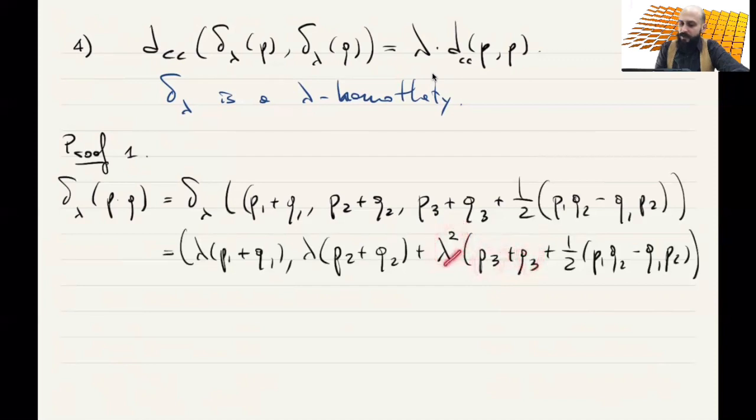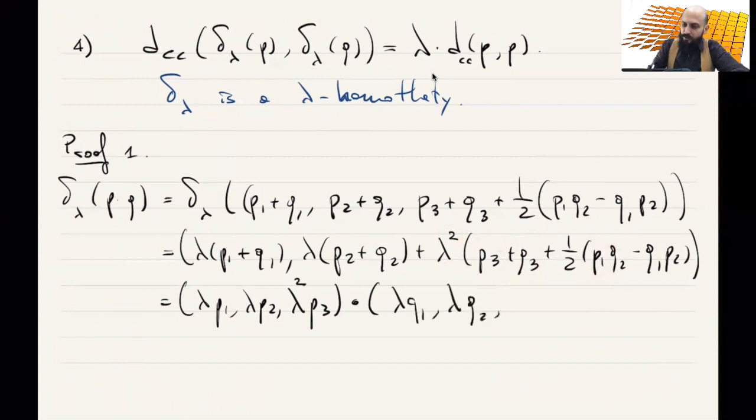Think of this lambda square as multiplying one lambda p1 and another lambda q2. Really what you are going to see is that this is the product between (lambda p1, lambda p2, lambda square p3) and (lambda q1, lambda q2, lambda square q3), which is exactly delta lambda p times delta lambda q. So delta lambda is an automorphism.